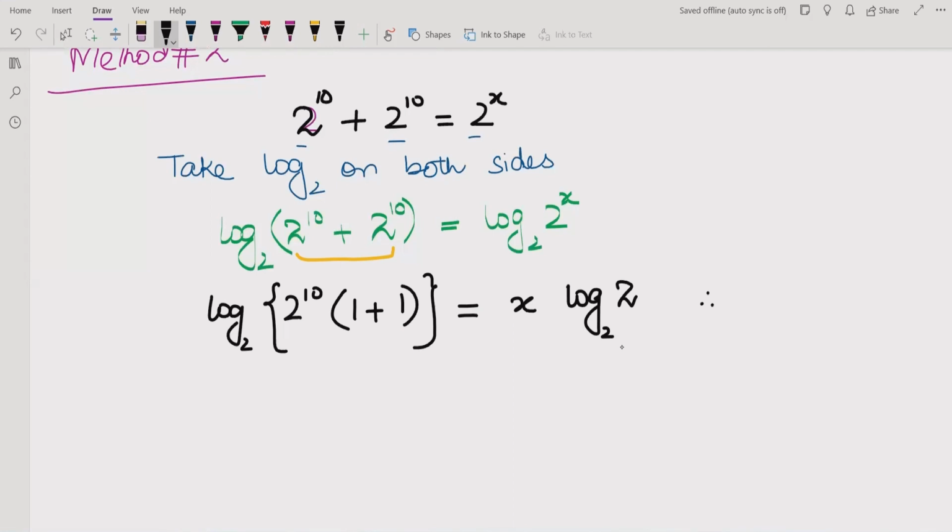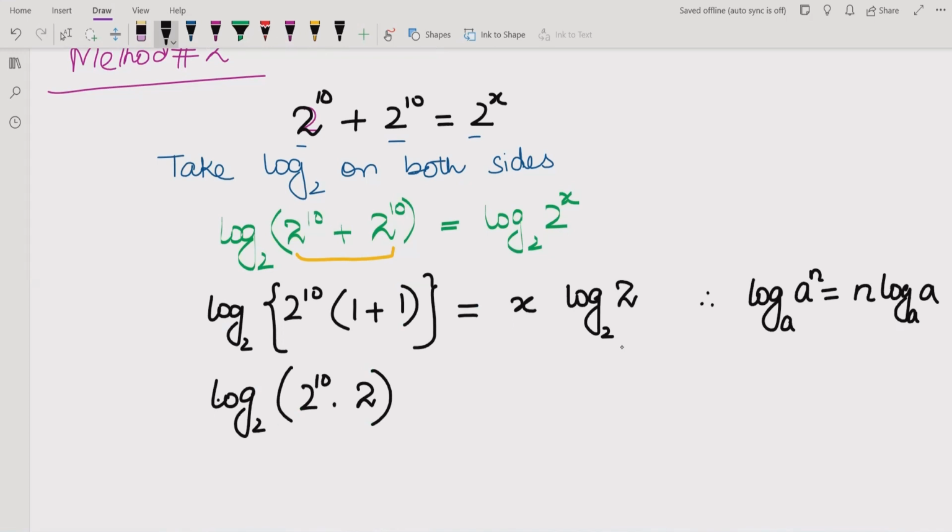Here we give the reference: log property, log a raised to power n equals n log a. So here we will solve again log 2 of 2 raised to power 10 multiplied by 2, a similar method as above. And here we have x, and this part is 1.